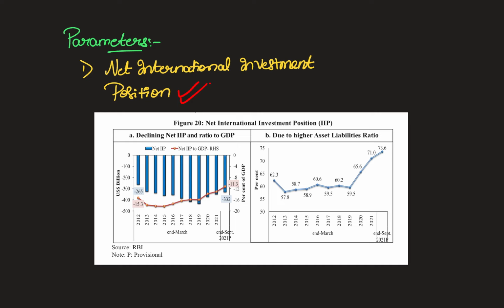The net IIP has always been negative, that is, more money is flowing out of the country. But in recent times, the debt is actually decreasing. So money is actually coming into the economy, or at least the rate at which money is flowing out is reducing. It is a positive sign.